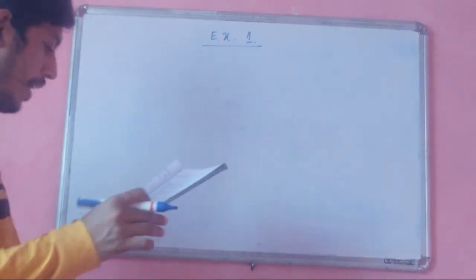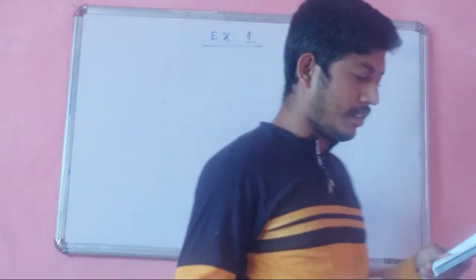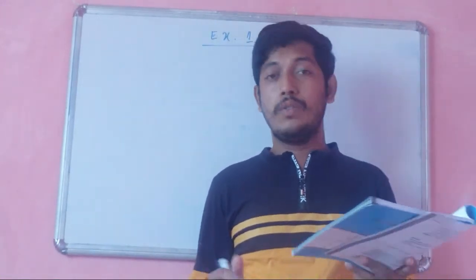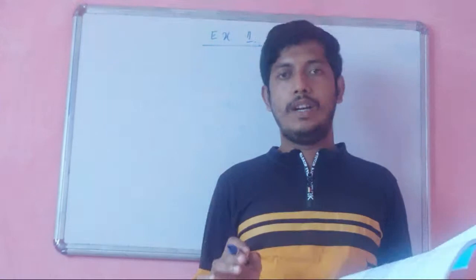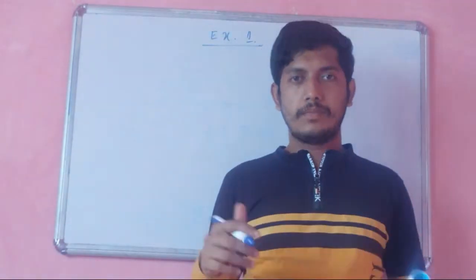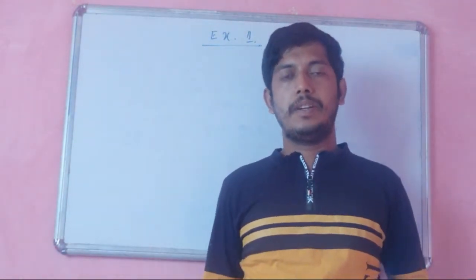First one, find the value of the letters in each of the following and give reasons for the steps in all. So no need to give reasons, only just find what the values of the letters present here are.